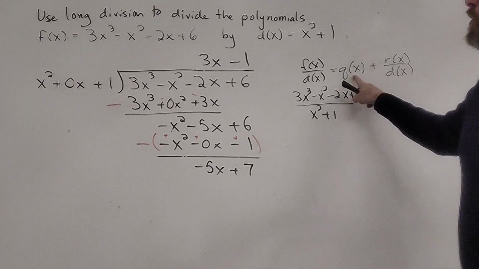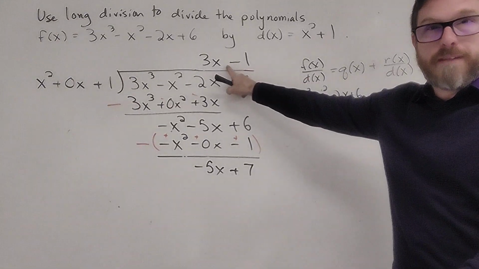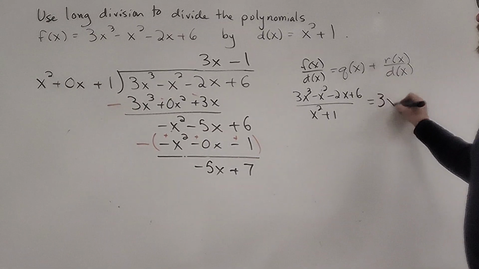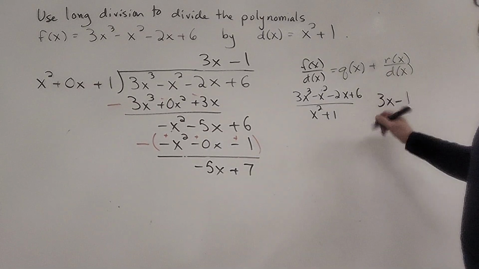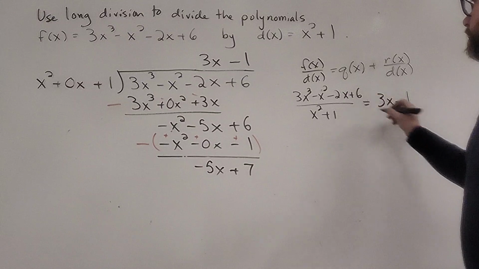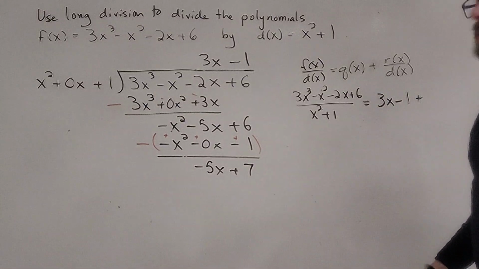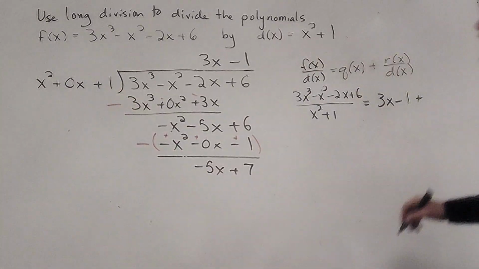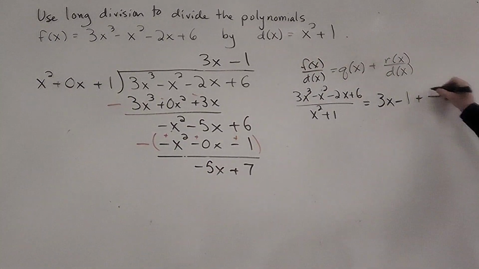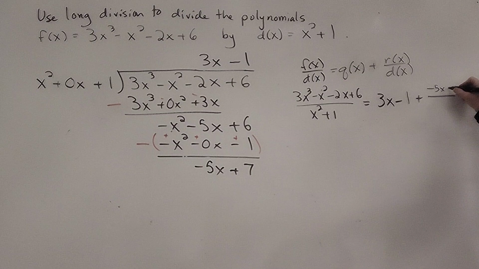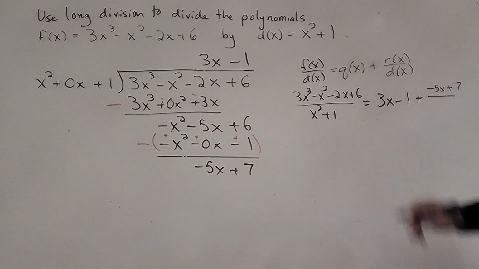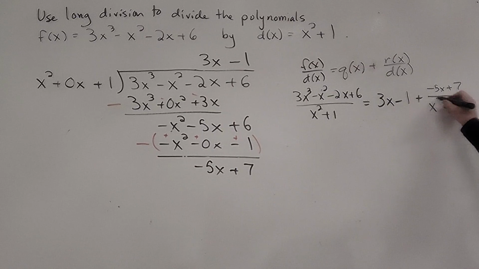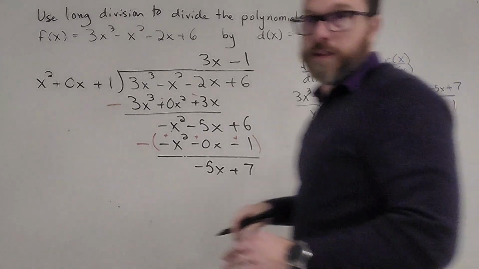But this is going to equal the quotient, which is the thing that's on top again. So this is going to be equal to that 3x minus 1. And then we have plus my remainder over my original divisor. So the remainder being that minus 5x plus 7, divided by the divisor, which was that x squared plus 1.